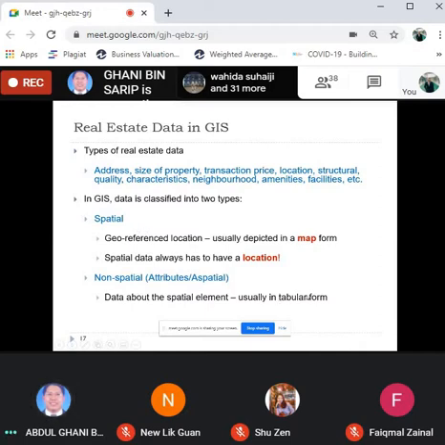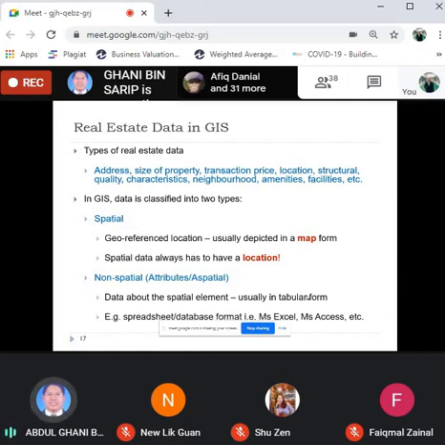Usually in spreadsheet form. Sometimes you can find it in Excel or in Access. Any database functionalities can be used to store non-spatial data.